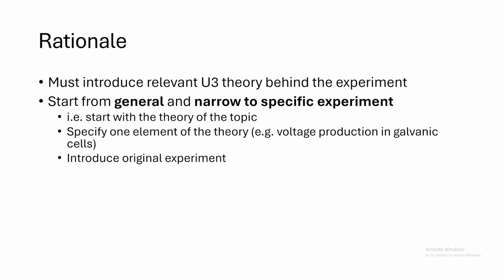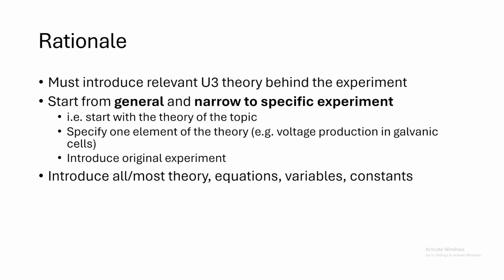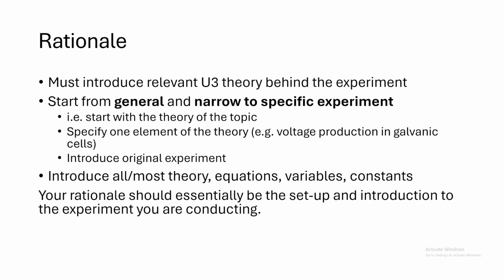Then you introduce the original experiment that you're basing your student experiment on, and you'll introduce all or most of your theory, equations, variables, constants, and all of the important data and variables that you're going to be using and changing in the experiment. Your rationale should essentially be the setup and introduction to the experiment. So from an educated reader's perspective, like just a random scientist, they should be able to read your rationale and know exactly what you're doing and why.